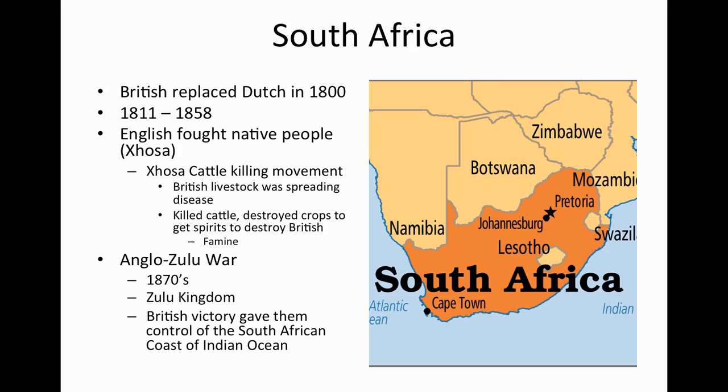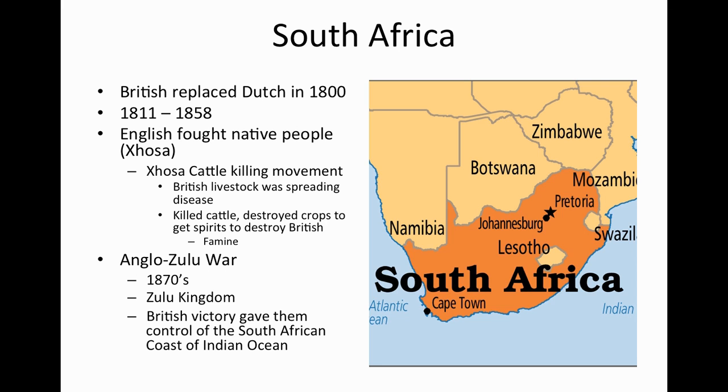All right, so South Africa was also an important colony. In the early stages, it was Dutch, but the British took it over in 1800. They controlled it till about 1858. There were many conflicts during this time between the English and the South African people, or the Xhosa.